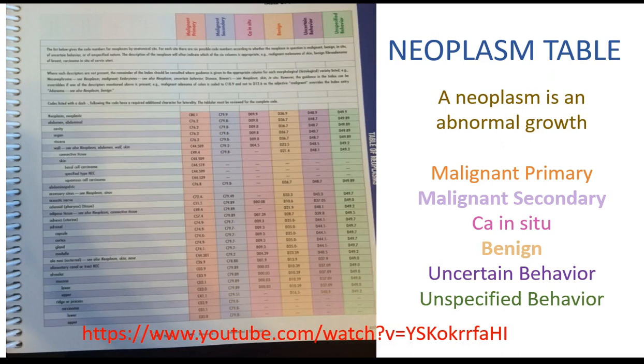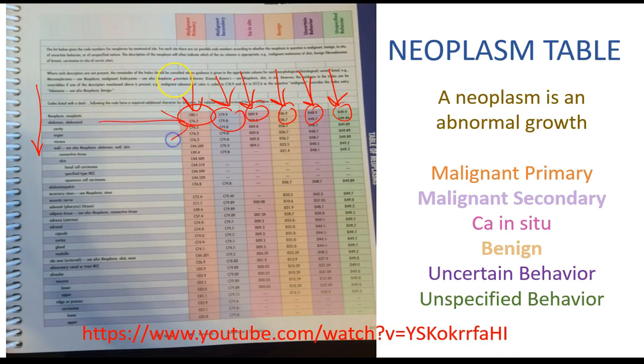Once you find your main term when you're coding in the neoplasm table, you will notice that you have different categories to pick from. So your main term could be primary, it could be secondary, it could be in situ, benign, uncertain behavior, or unspecified behavior.